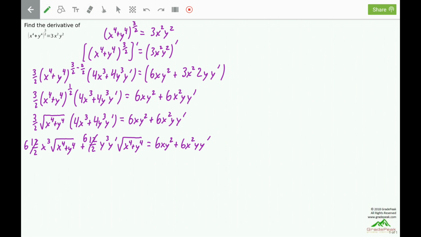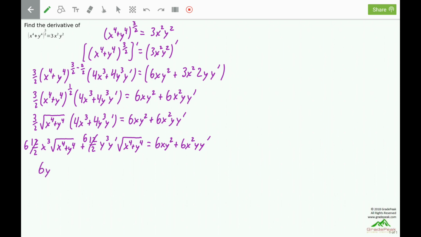We will want to isolate the y prime terms. I have 2 of them. I have this one here, and I have this one here. Let's bring those together on the left side, and then everything else to the right side.